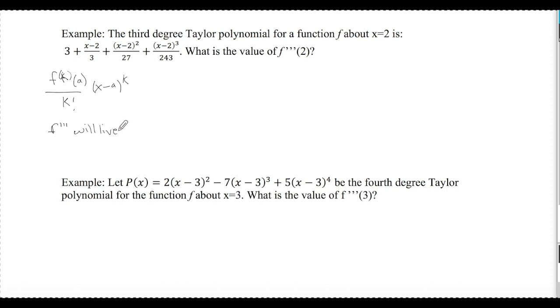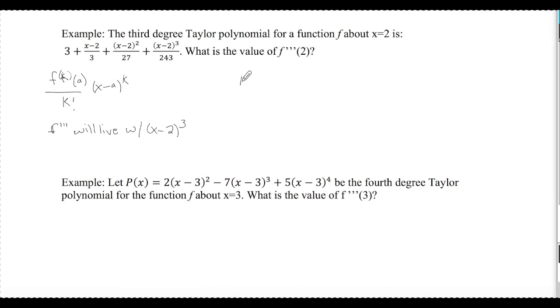we know the third derivative will live wherever x minus a to the third power is, right? So it'll live with x minus 2 to the third power, because for the third derivative, k is 3, so I'm going to look for where this power here is 3. So power is 3 right over here. If I basically ignore the x minus a to the k part, I get this.